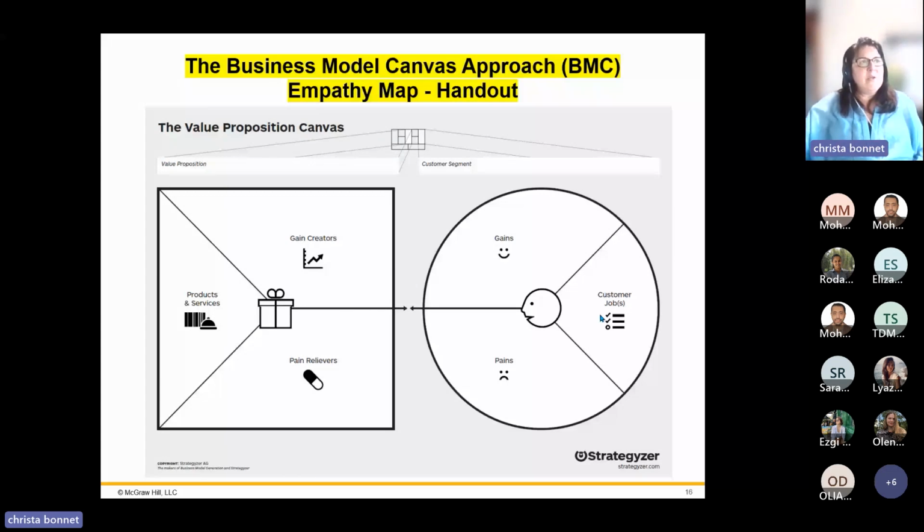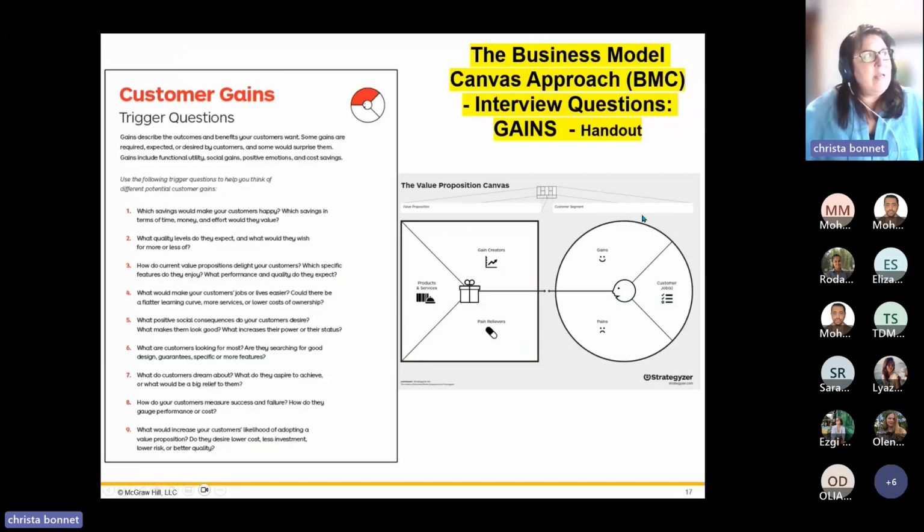So the next slide you will see there on the left, I've inserted there, but this is also as a PDF for you on Moodle, all the questions from the business model canvas that come with that. That red top block is the gains, the top block in the circle.